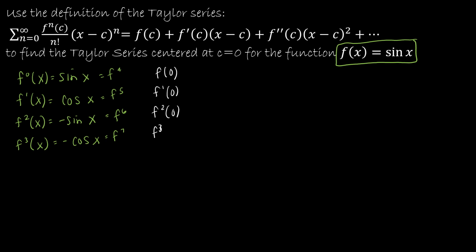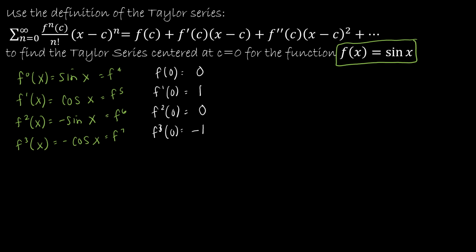If I take sine of 0, I'm going to get 0. If I take cosine of 0, I'm going to get 1. Negative sine of 0, I get 0. And negative cosine of 0, I get negative 1. And that pattern would continue and continue.